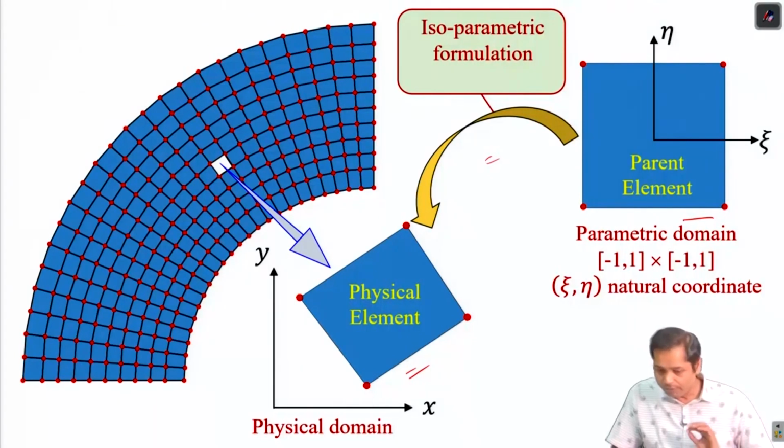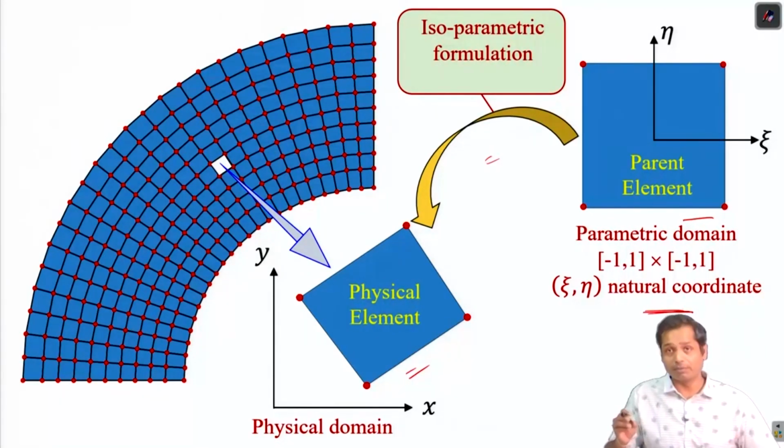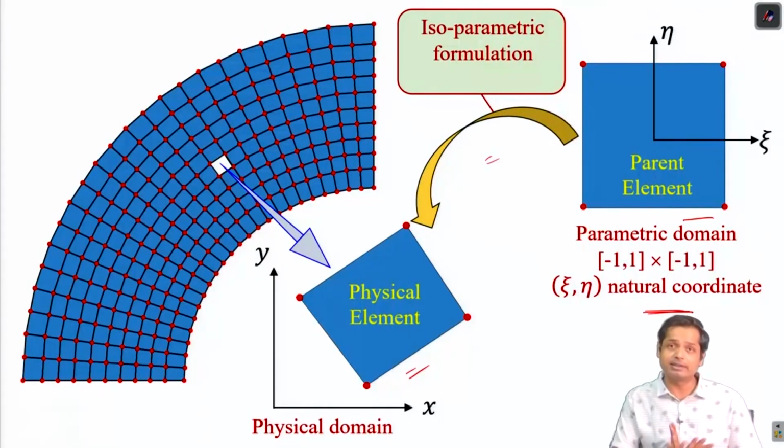So before that, what we know is how to write shape functions for the parametric domain. We also know how to integrate a function using the Gauss quadrature technique over this parametric domain: what the integration points and weights are. We know that. So the idea here is we have a parent element. Let us have the discussion in the context of two dimensions; then the similar philosophy can be extended to three dimensions.